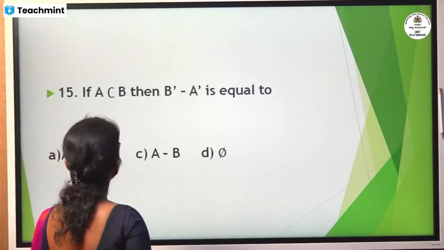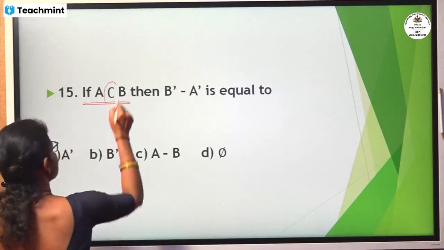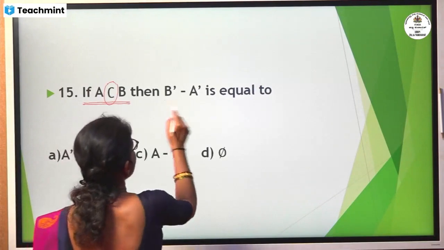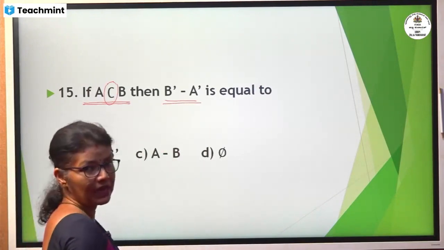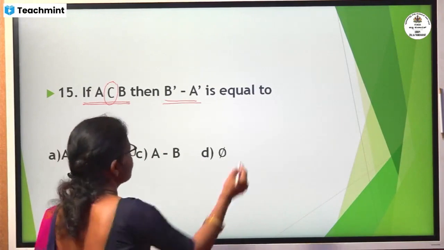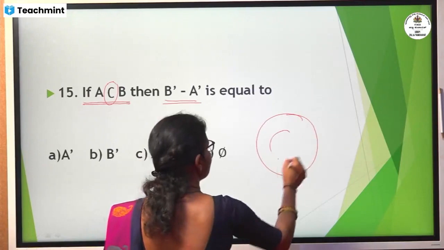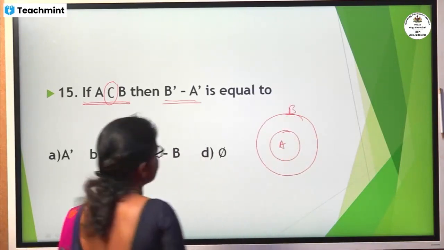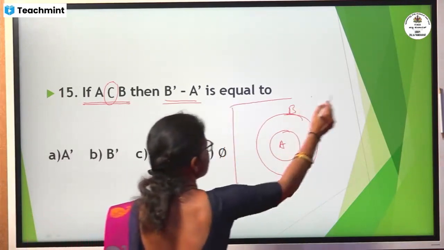Next question. A is the subset of B. You know that this is a subset notation. Then B dash minus A dash is equal to what? See here, if you consider A a subset of B like this, this is A, consider this as B. Suppose this is a universal set.